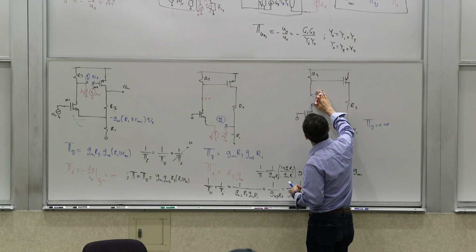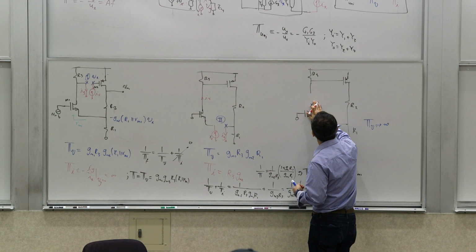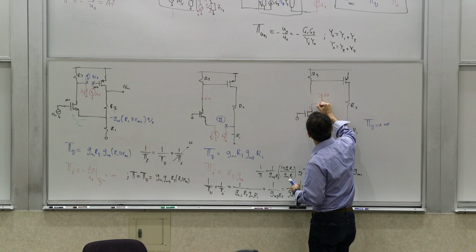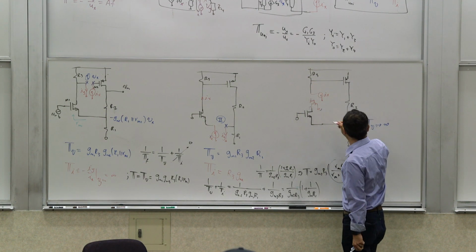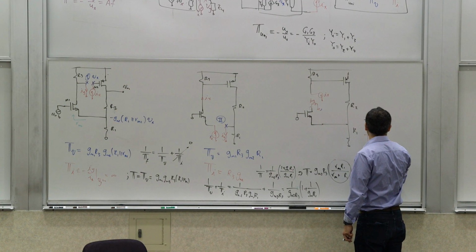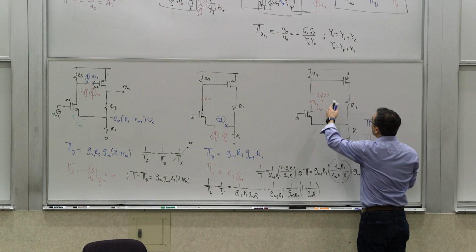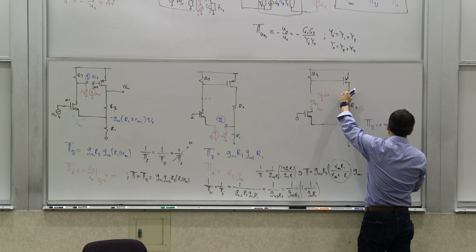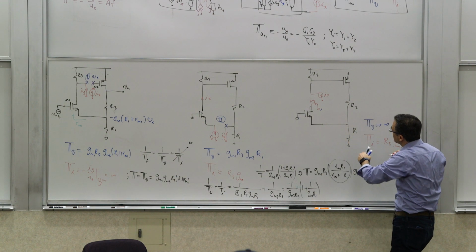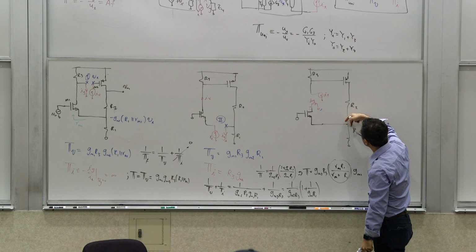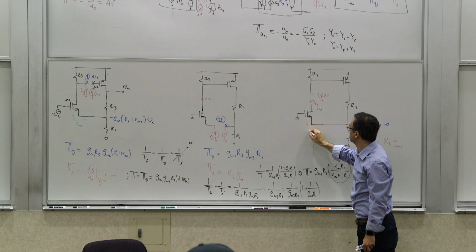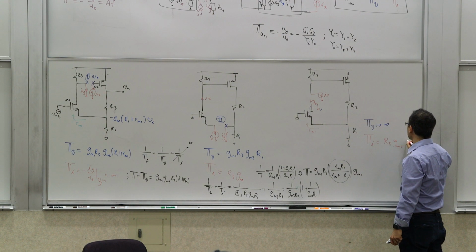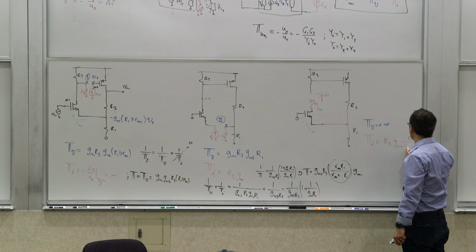And then how about the current loop gain? If we apply an Ix and short circuit and measure Iy, Ix goes through here, it gives you an R3 there, then you get a GM2 here to generate that current. Then you have this current being split between these two branches, right? This is RM1. So you have a current divider between R1 and RM1.